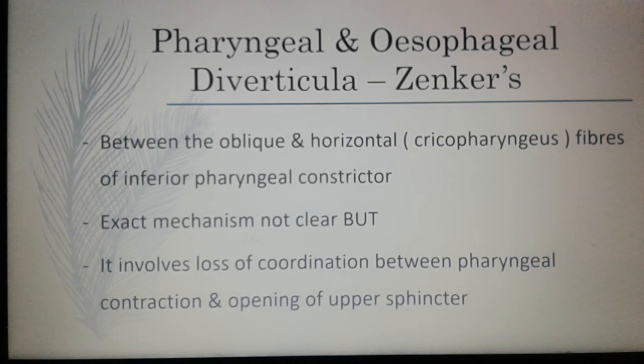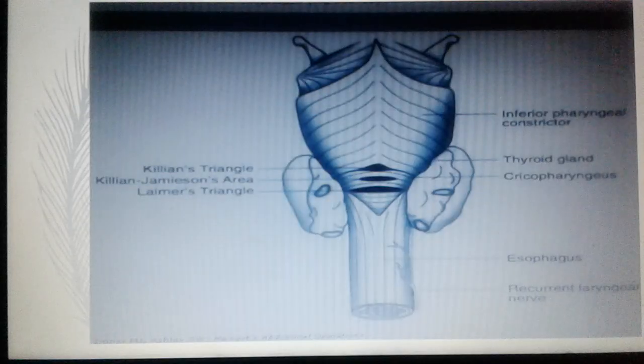This is an outpouching through this natural weak area. The exact mechanism we don't know, but one thing is certain, that it involves loss of coordination between pharyngeal contraction and opening of the upper sphincter. The pharynx is not contracting in coordination with the opening of the upper sphincter. This is certainly one of the causes for development of Zenker's diverticulum.